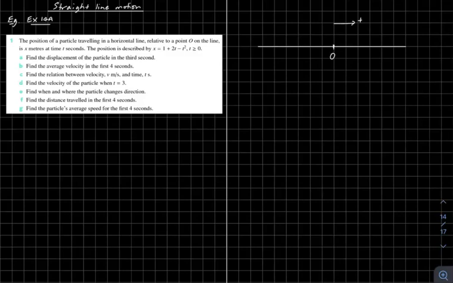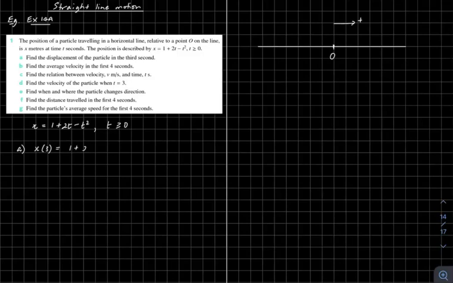So let's write down here our equation. What is it? 1 plus 2t minus t squared, valid for times greater than or equal to 0. First of all, we're trying to find the displacement of the particle in the 3rd second. It's a slightly strange way of saying it, maybe after 3 seconds. So we're just wanting to sub in there, aren't we?